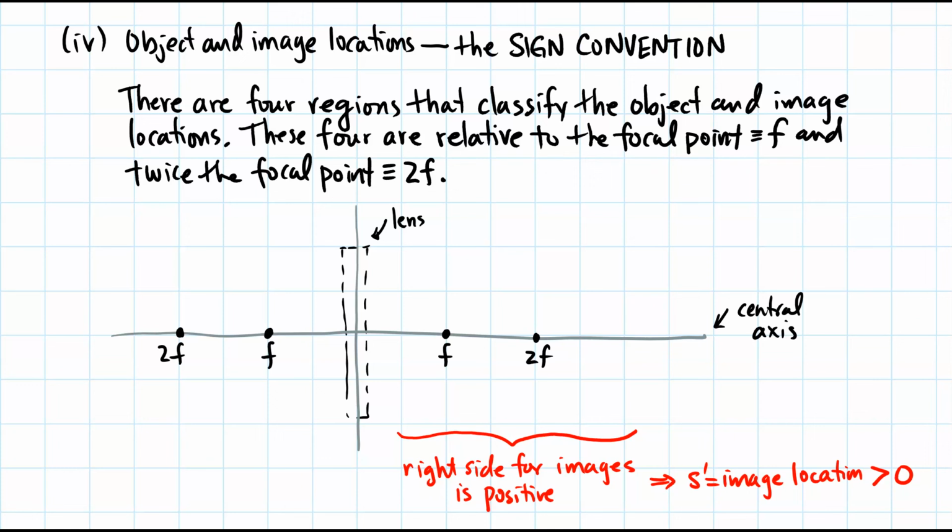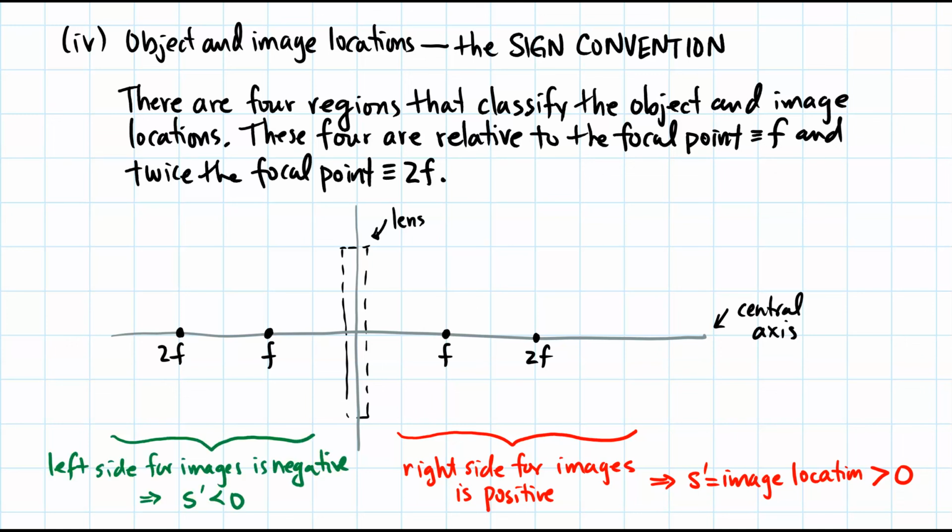If an image is on the left side, the same side as the object, that image is negative, and it's a virtual image. The left side for images is negative, and therefore S prime, its image location, is negative if it shows up there. For a single lens, the object is always on the left and is defined as positive.